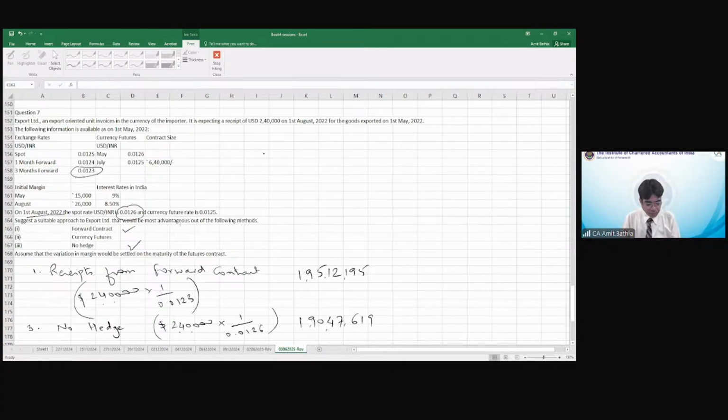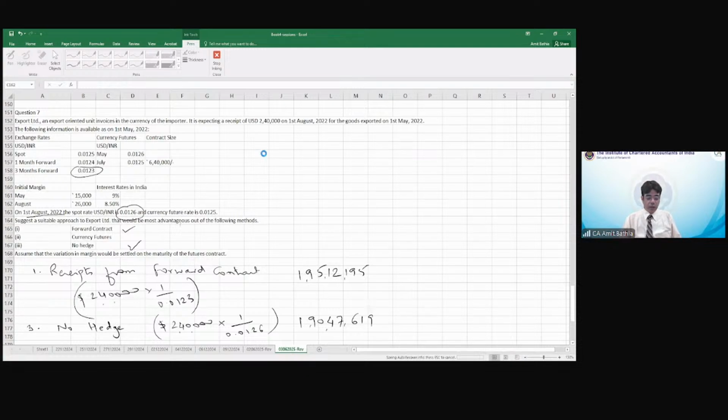Why 0.0126 would you take? Tell me. It is because when we are going to materialize it, the spot rate is 0.0126 on 1st August. So here, essentially what happens is, I will have to convert it at what rate? I will close it at the day when the rate is 0.0125, which is the currency future rate.